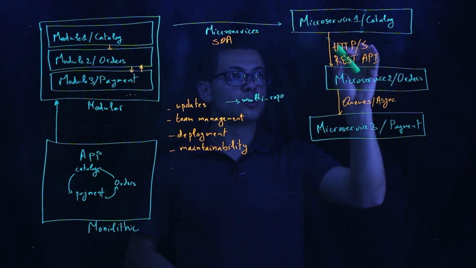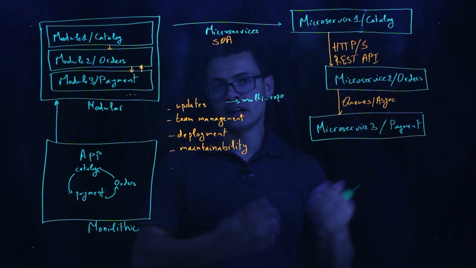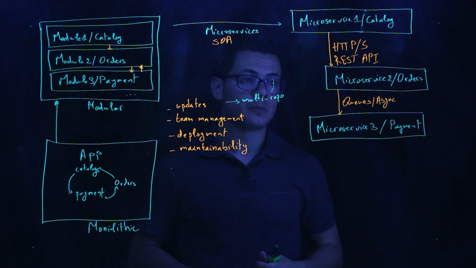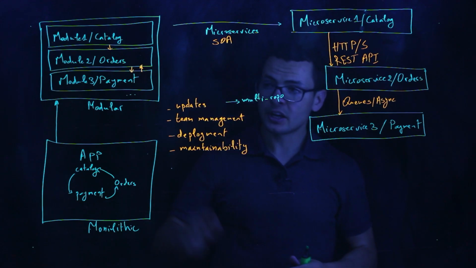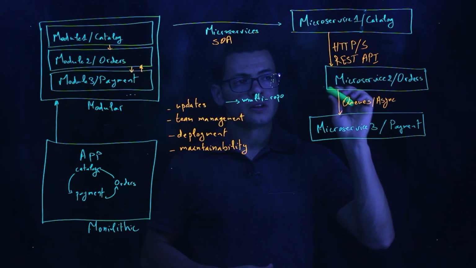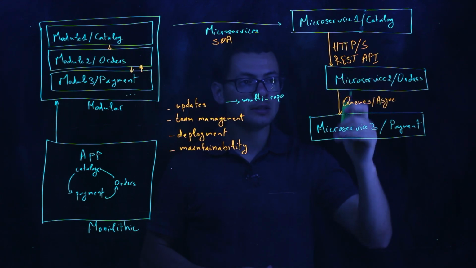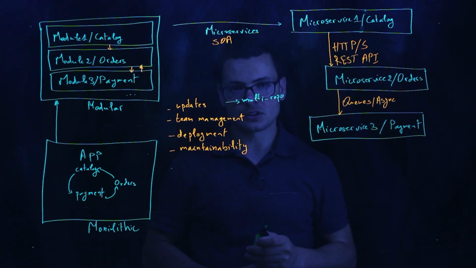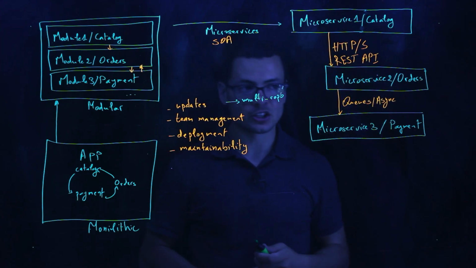Each microservice will have its own team dedicated to working on it. A development team might take one or more microservices to develop, but at the end, we'll have separate teams, each responsible for one or more microservices.